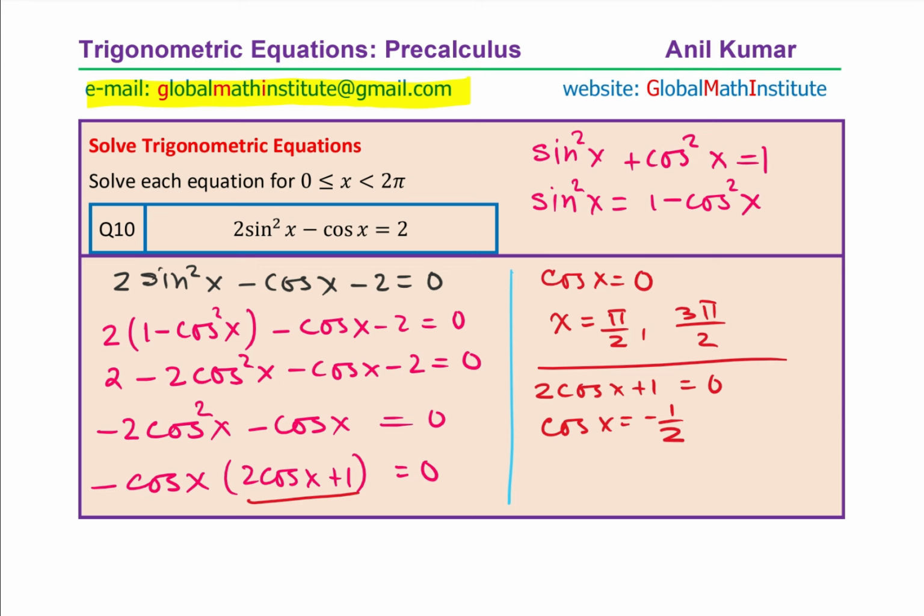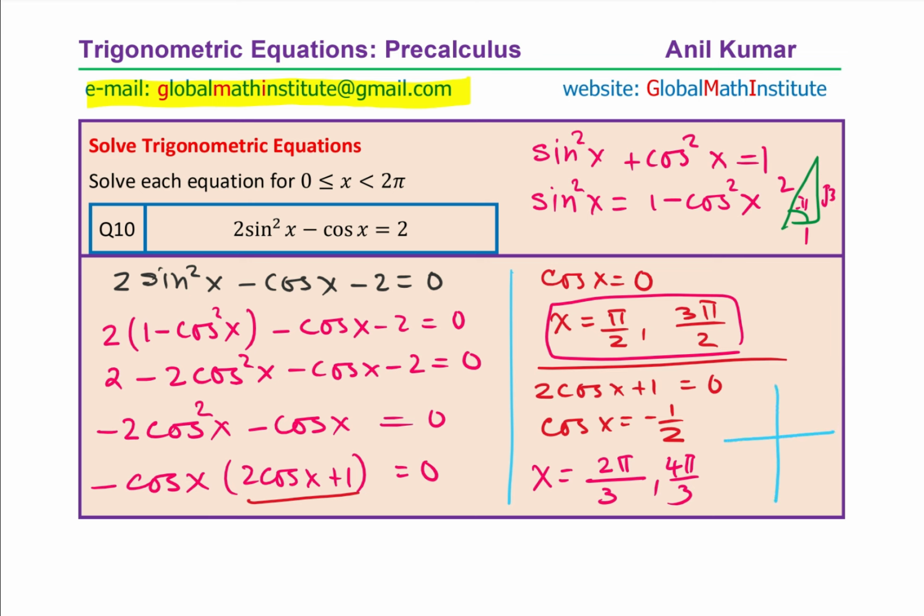So cos x is minus half as we did earlier, in quadrants 2 and 3, right? And the angle being pi by 3. Correct. So we have x as 2 pi by 3 and 4 pi by 3. We already have 2 more answers, so we have 4 solutions to this particular equation. Is that clear to you?